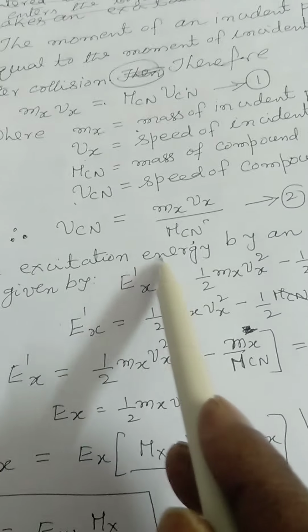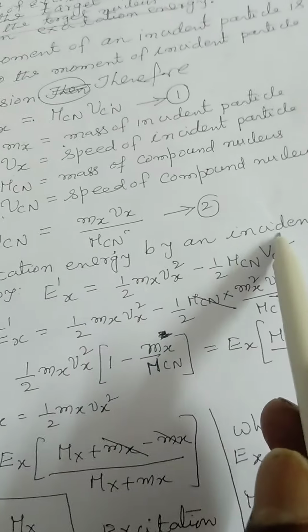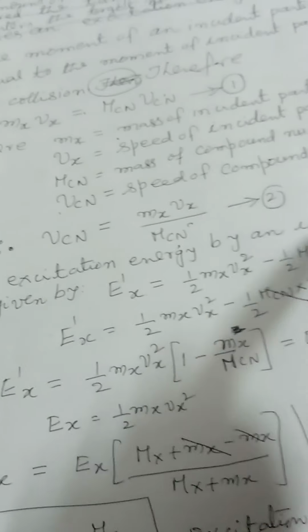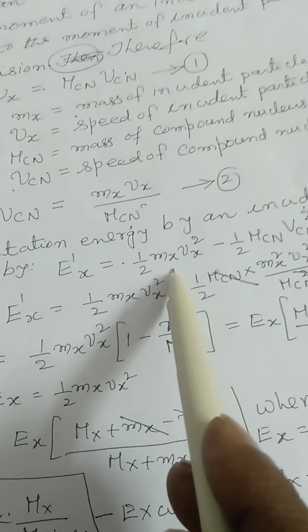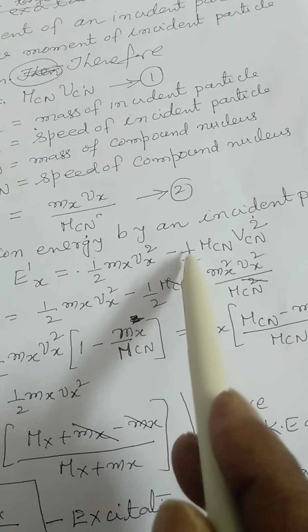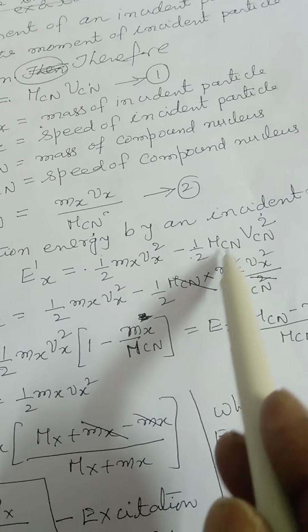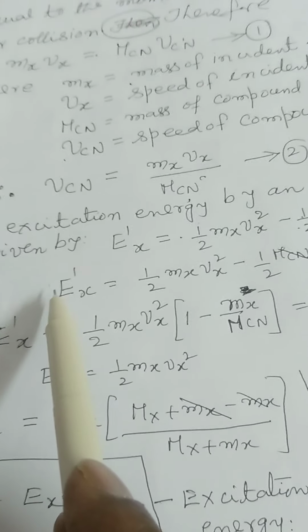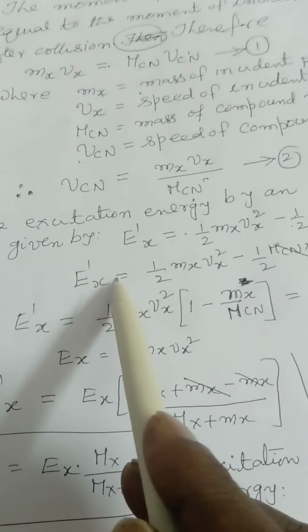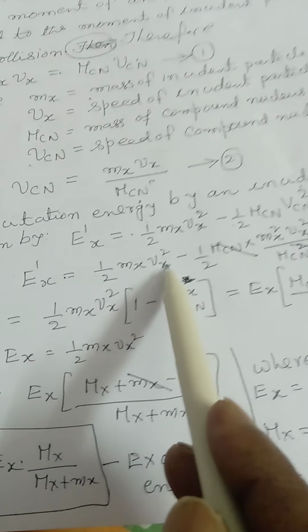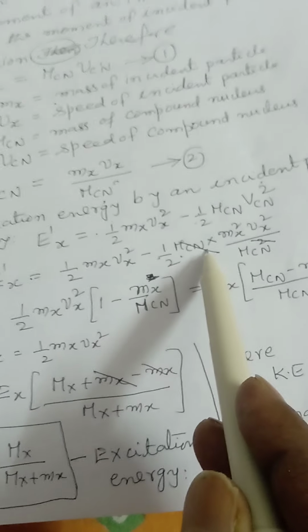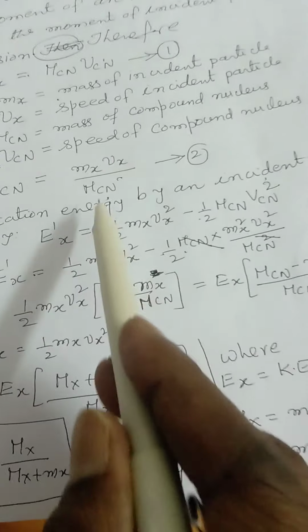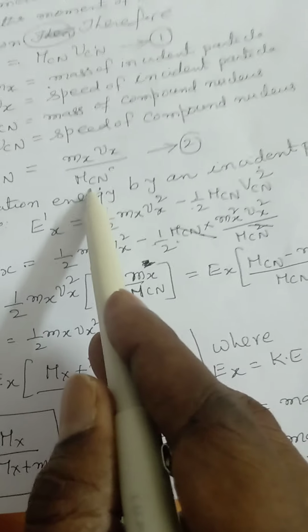Now the excitation energy of the incident particle is given by E dash x is equal to half mx vx square minus half Mcn Vcn square. Here Vcn is equal to mx vx by Mcn.